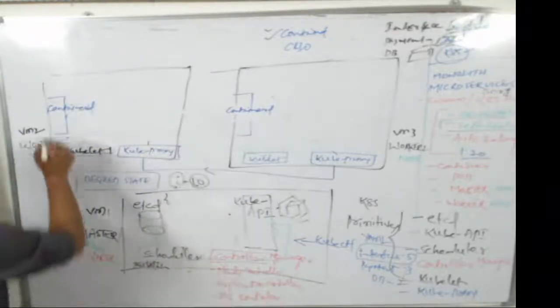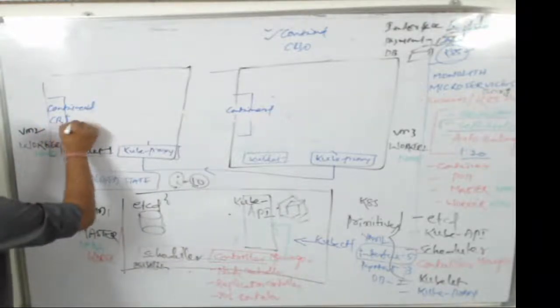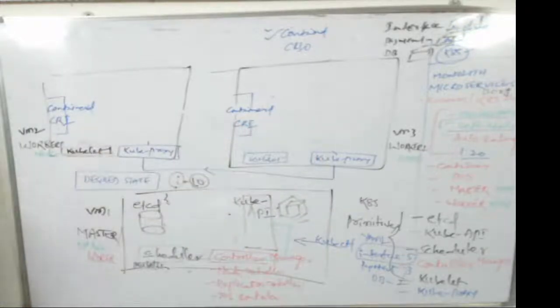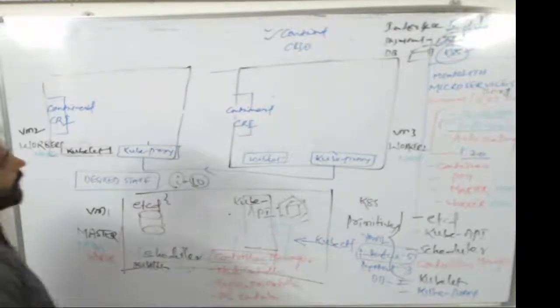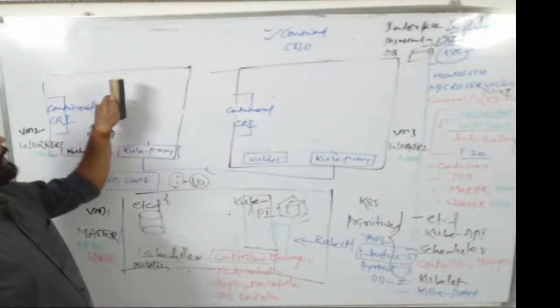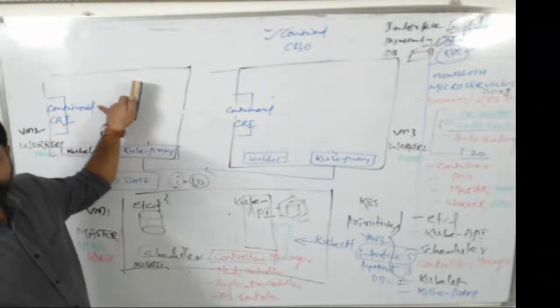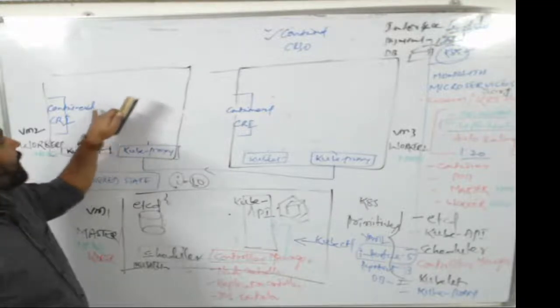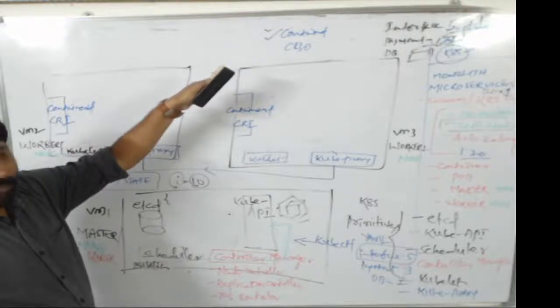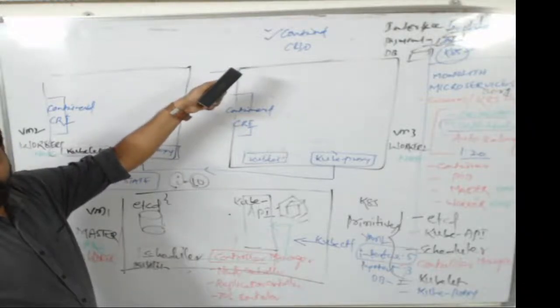Now this is the Container Runtime Interface, CRI. So you have a CRI, Container Runtime Interface, which will interact with the container runtime. Now the container runtime could be Docker, or containerd, or CRI-O, anything you want.